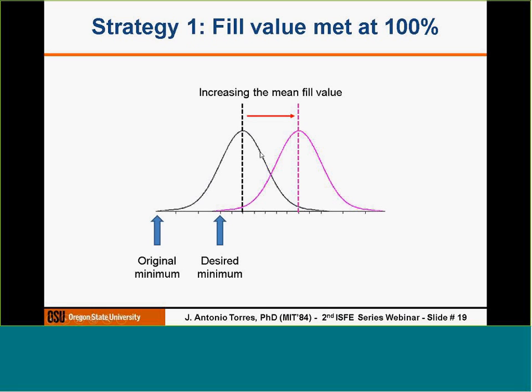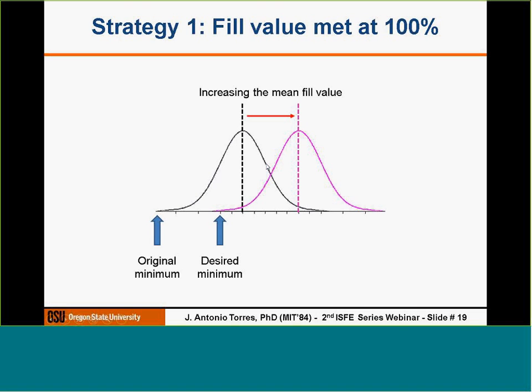The first strategy we tried was to see what the fill value should be for every single pouch to meet the goal of 100 grams with 100 percent confidence. We can do that if this is the original minimum, the original distribution of our population.